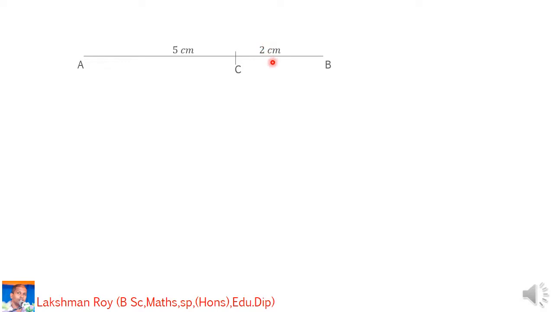So you can see, student, the AB straight line segment is marked at one point. Using this length, now I am going to write ratios of this length. First one is AC length is to CB length.